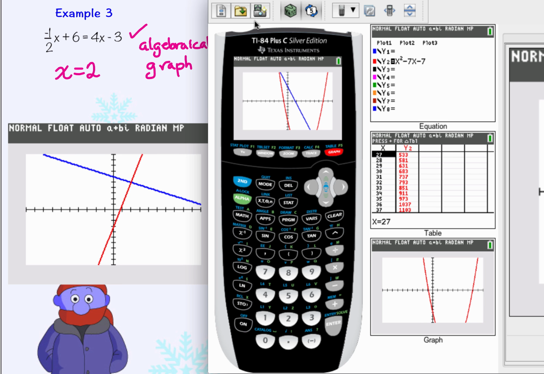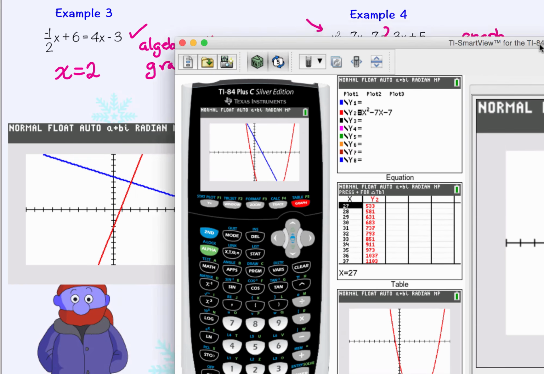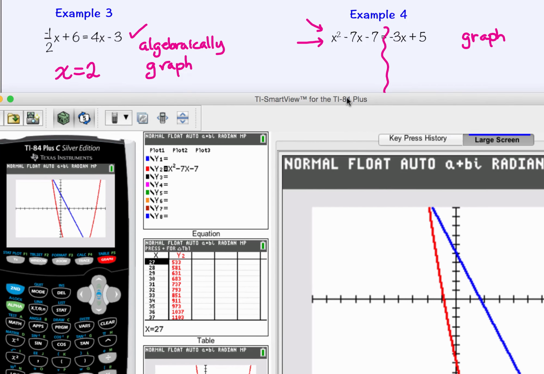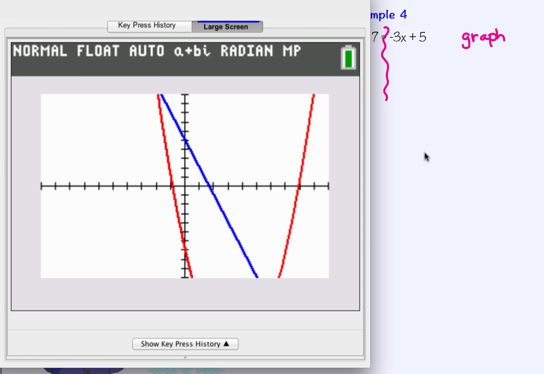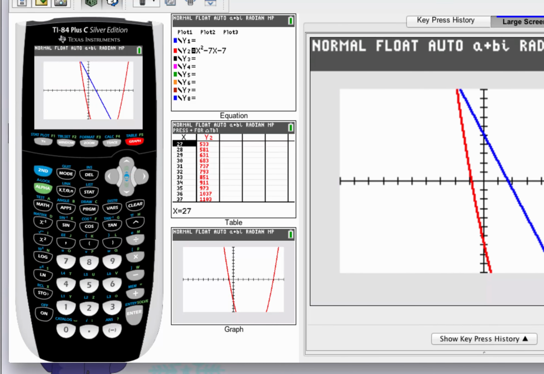Hey, wait a second here. Got a little bit of an issue. There's a bigger picture of it. Looks like it's crossing in two places, and I can't see the two places. Well, I can rework my window so I can see them. Let's do that. Let's go over here to my window.